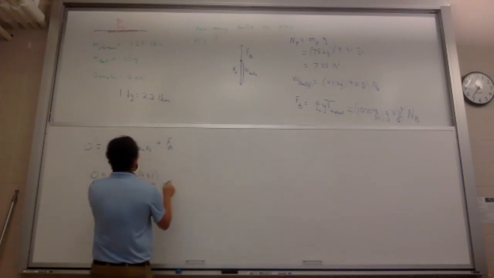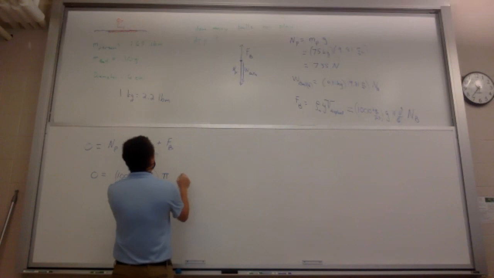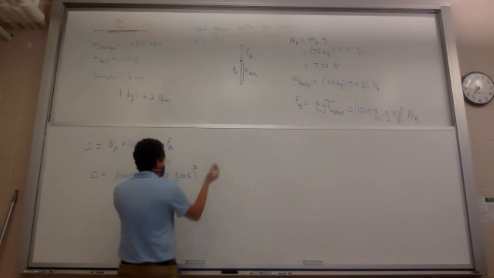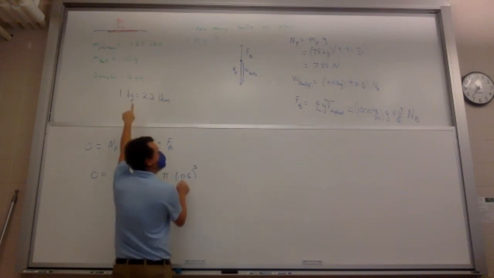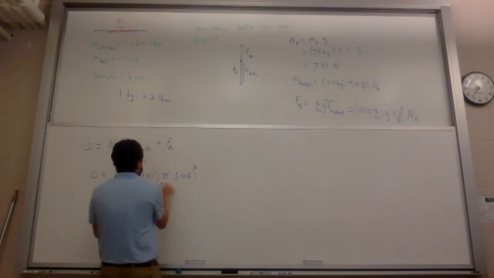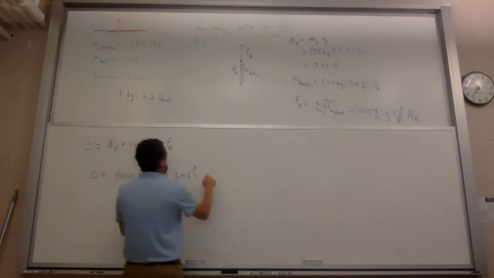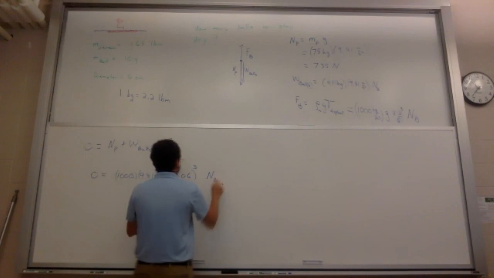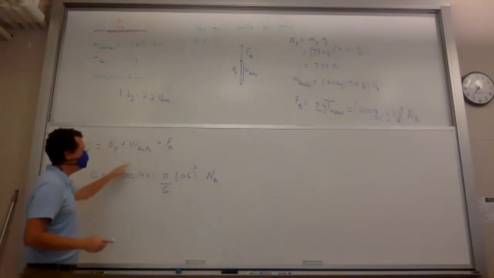So I'm going to have pi times diameter cubed. So that's going to be 0.06 meters. I have to convert from centimeters to meters. Cubed, don't forget the cube, over 6 times the number of balls. Can somebody calculate that number?